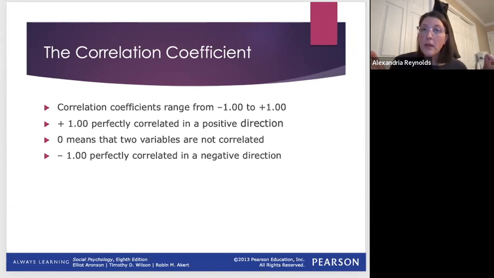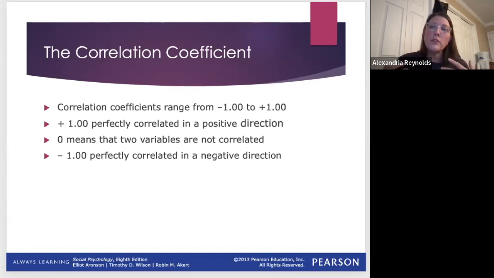Did you guys see that? So a 0.98, regardless of the sign in front of it, is closer to 1, and that indicates strength. The closer the number is to -1 or +1, the further away from 0 it is, the stronger that relationship is. So a positive 0.98 and a negative 0.98 indicate the same strength.